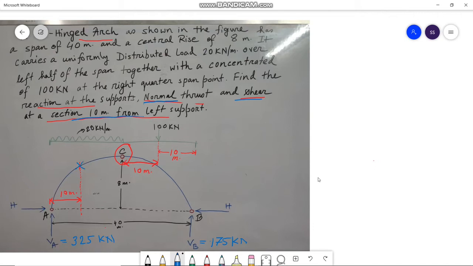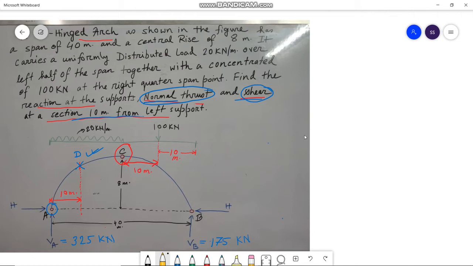Suppose the name of this point is D. So the point D is situated at a 10 meter distance from the left hand support, that is from A. So we have to calculate the normal thrust, that is this one, and shear at point D. To calculate the normal thrust and shear at point D, we need to understand the properties of a circle, as we are dealing with a 3-hinge circular arch.